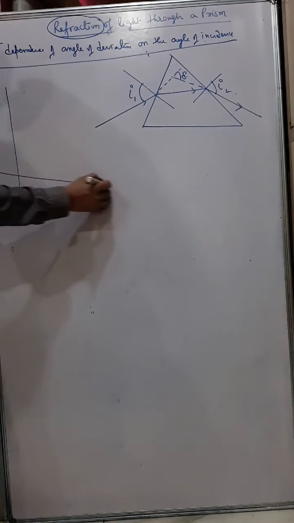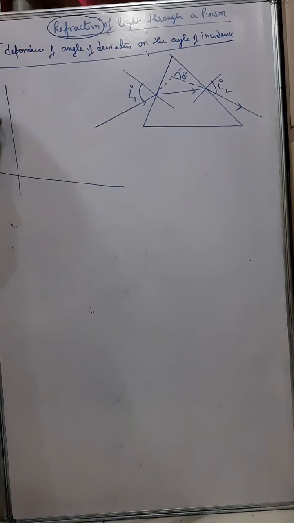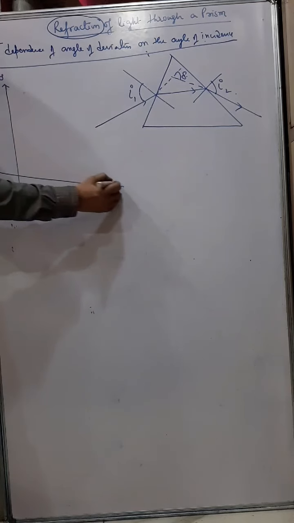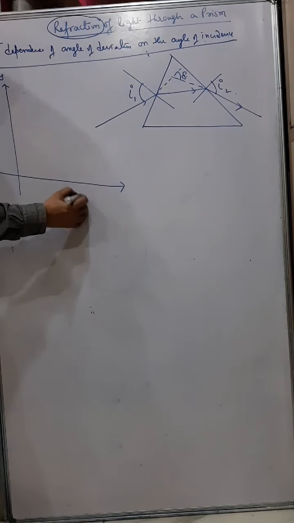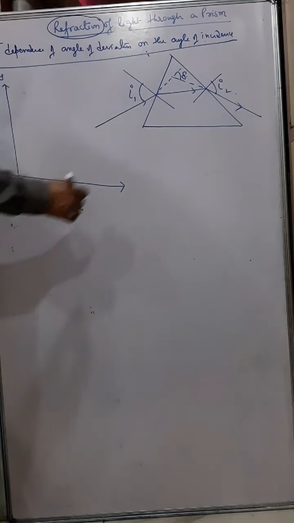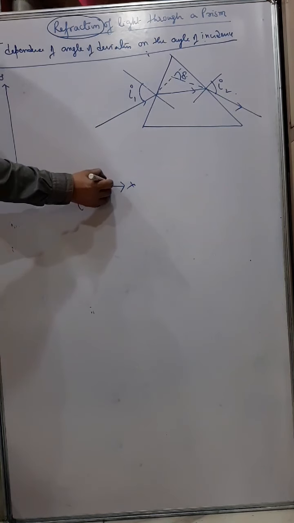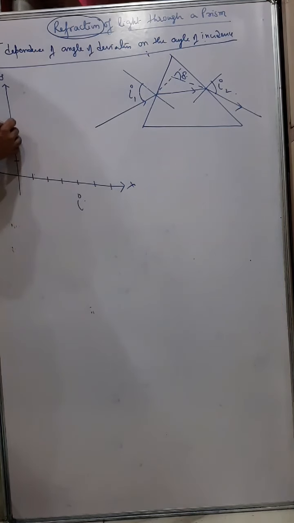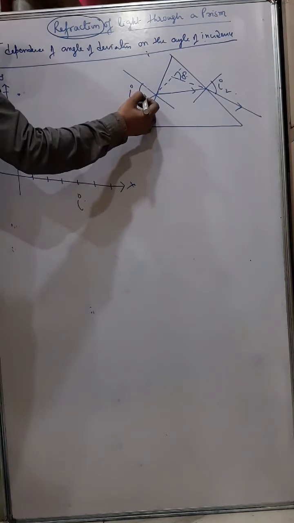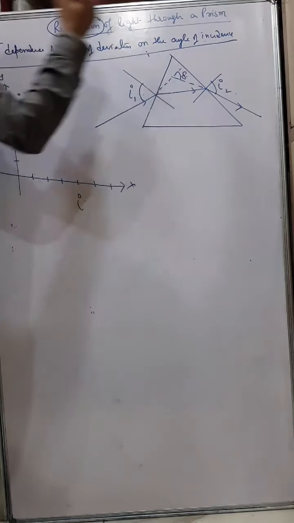Now let me understand with a graph. This is the angle of deviation on the y-axis, and I keep the angle of incidence on the x-axis. Now suppose for a particular angle of incidence, the angle of deviation is this.